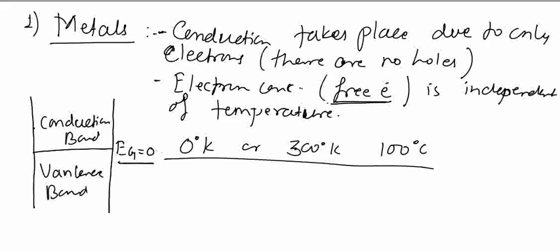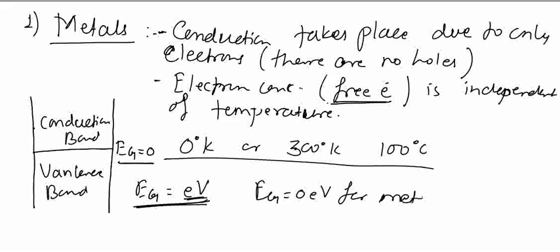Eg is equal to 0, and Eg is represented in electron volts, the unit of energy. Eg equals 0 electron volts for metals, meaning we need not supply any energy to the metal in order to obtain conduction.